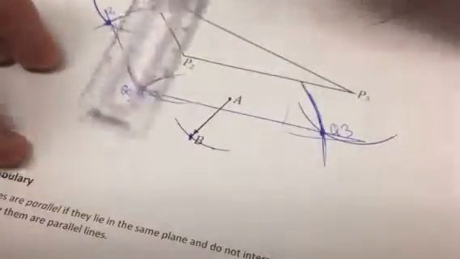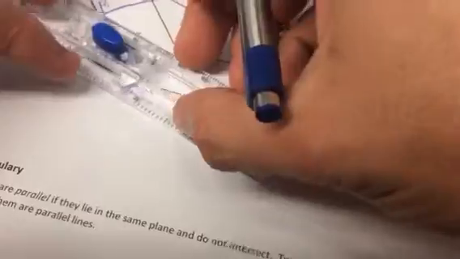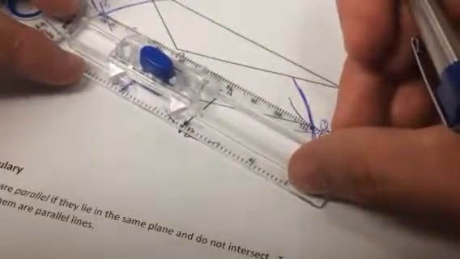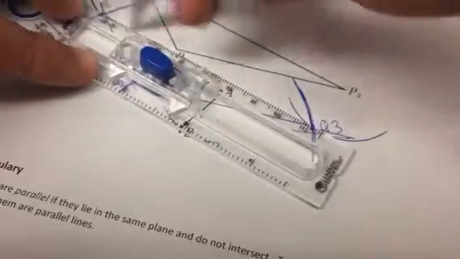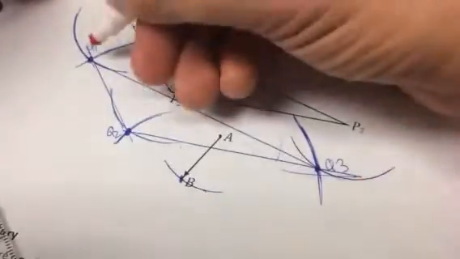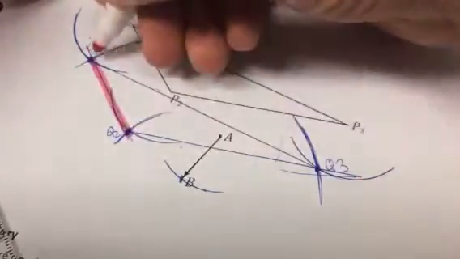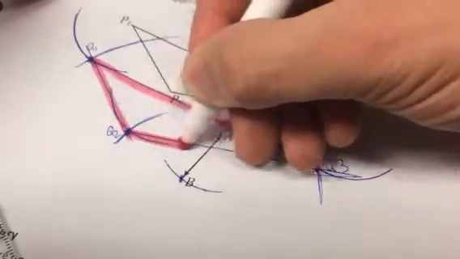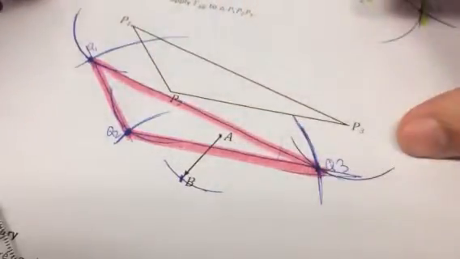And then from Q1 to Q3, go ahead and connect those. And if you notice, now we have this triangle down here, which I'm going to highlight so you can see it very easily.